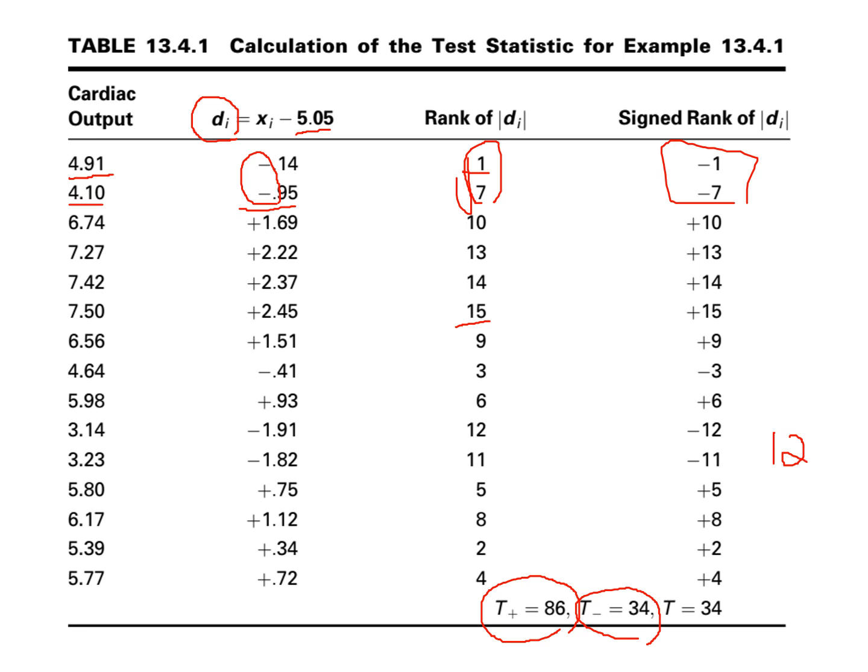When you add this one plus this one, it's going to be 120. But this 120 is divided into two according to their signs, minus or positive. Then in this case, we pick up the smaller value, T equals 34. Then I will explain why we pick up the smaller one.